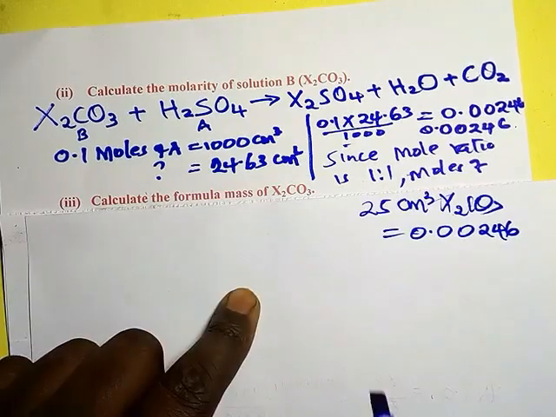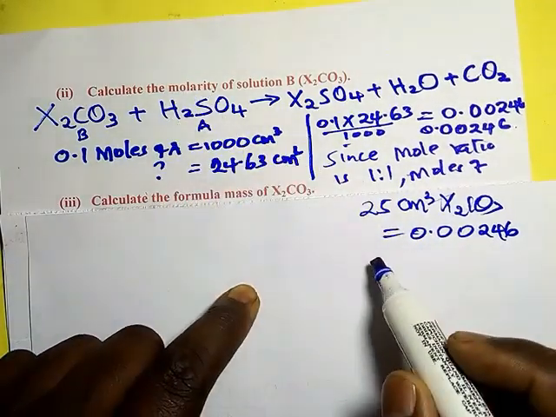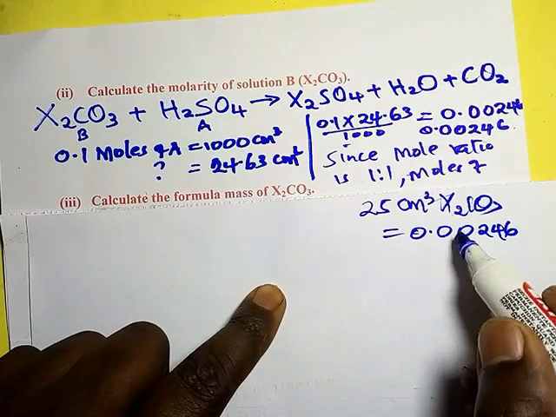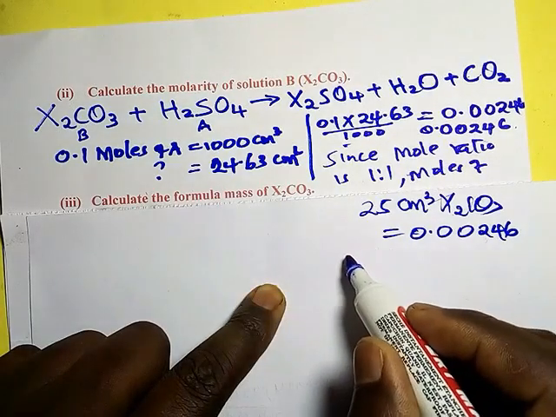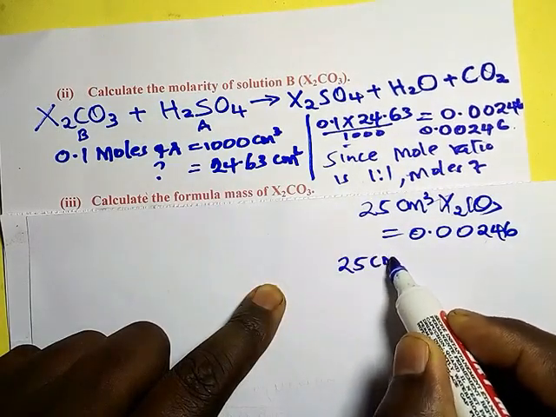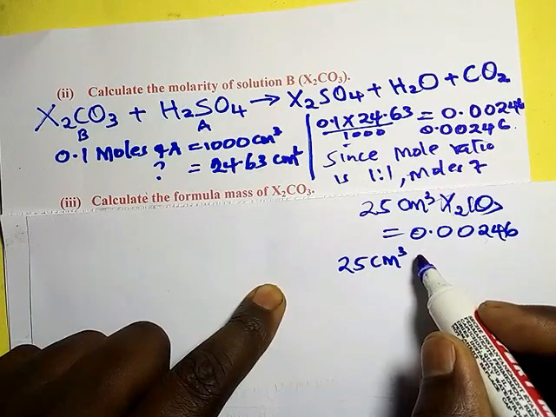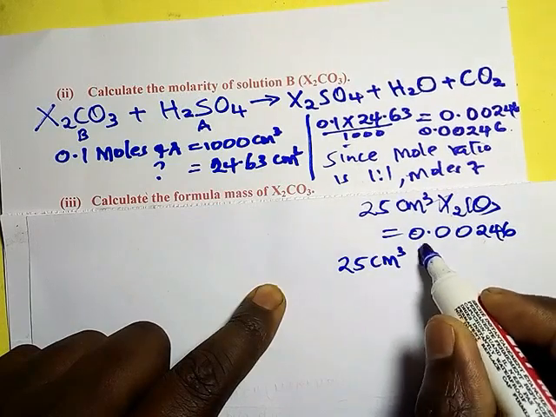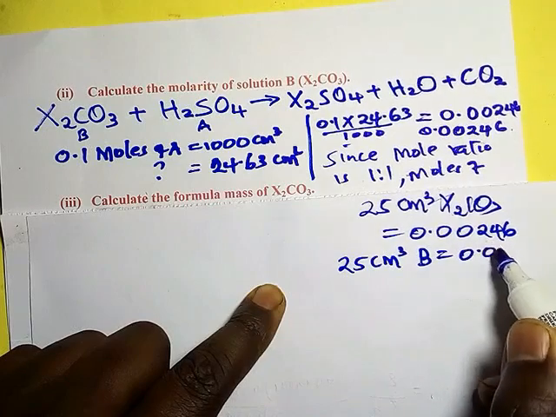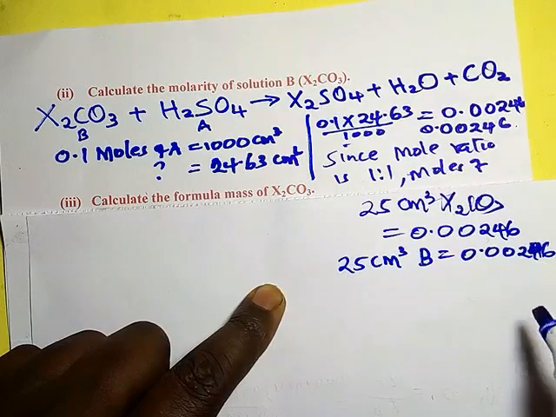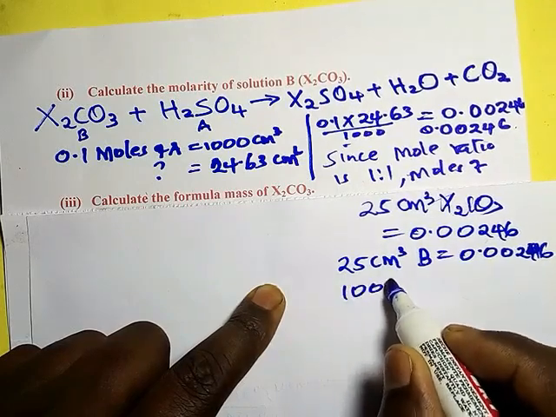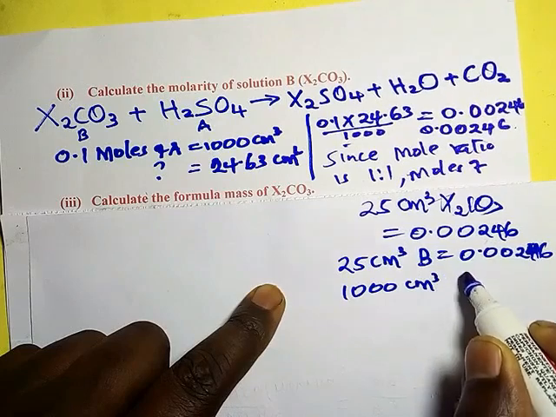Yes, but we were asked to calculate molarity. How do you calculate molarity? We say this is the number of moles of B in 25 centimeters cube of solution B, equal to 0.00246. We are going to ask how many moles 1000 centimeters cube will contain.